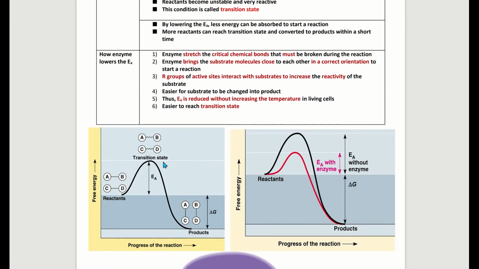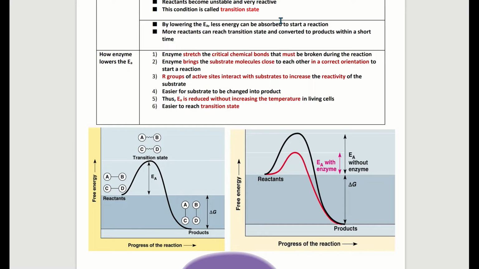And then when you lower the activation energy, so ni activation energy. So macam ni kita nak lowkan activation energy ni, kita gunakan enzyme. So when you use enzyme akan bantu kurangkan the activation energy, supaya less energy needed to be absorbed.